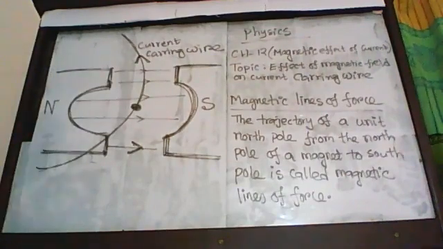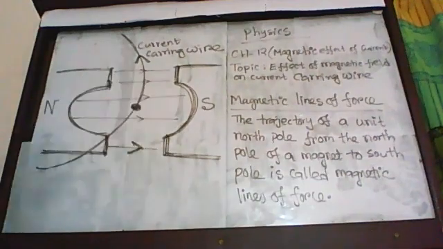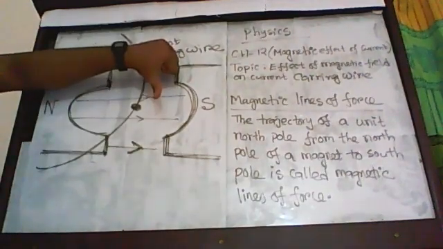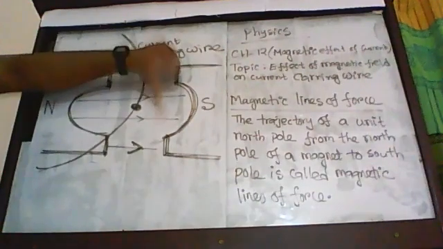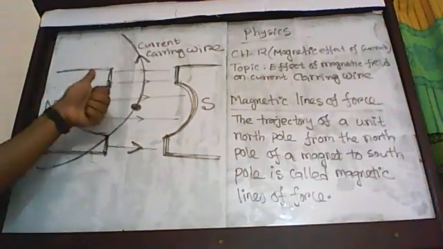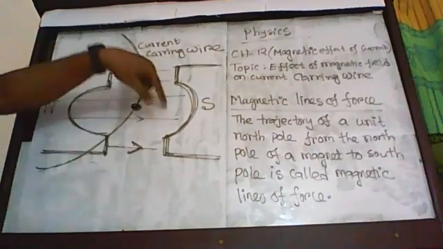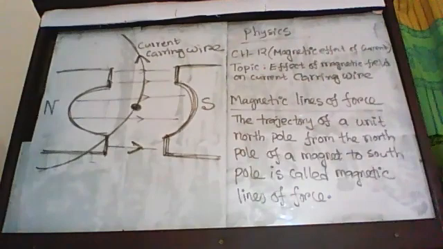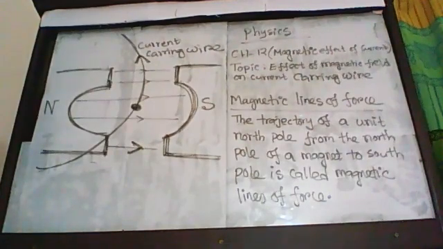But at the side of the south pole, the direction of magnetic force is downward. So on this side force is acting along upward direction, and on this side force is acting along downward direction. Because of these two forces, this current carrying wire starts rotating.